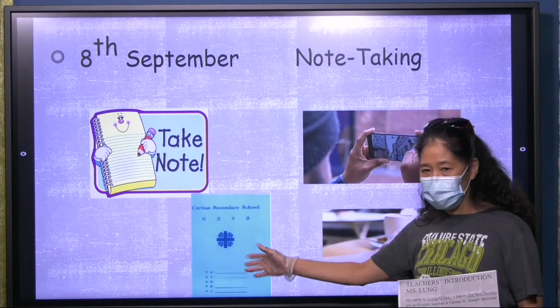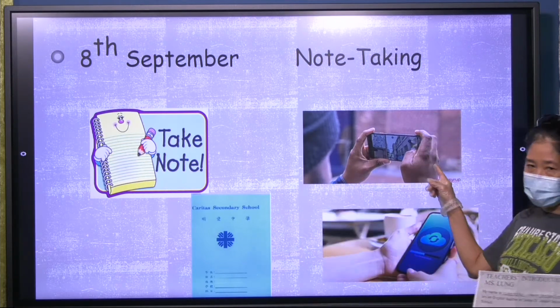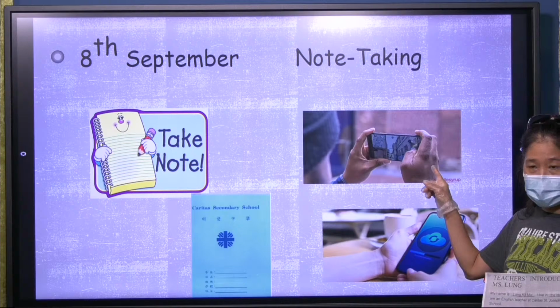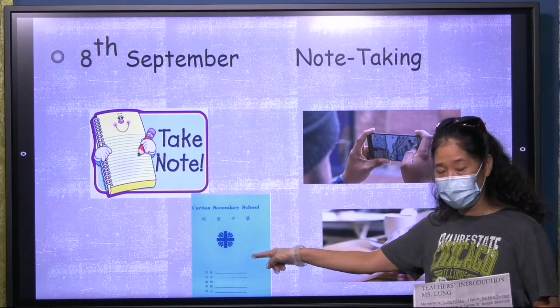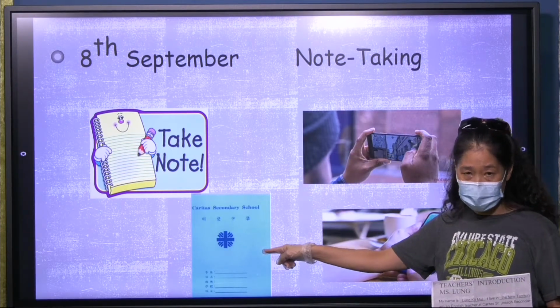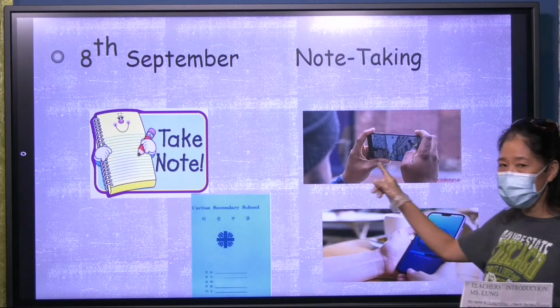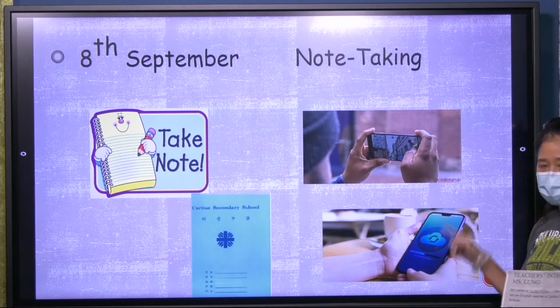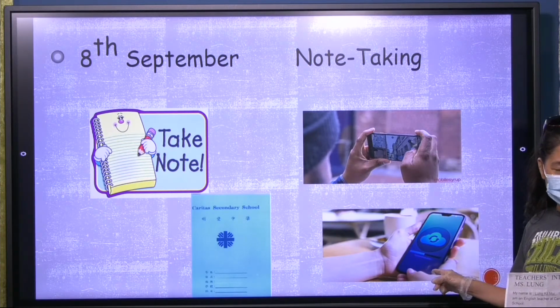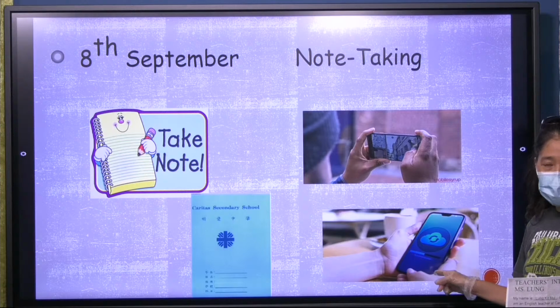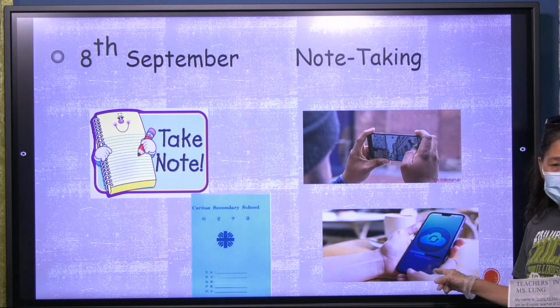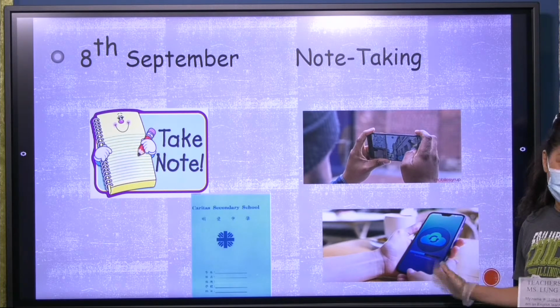After taking down all the notes, what you have to do, you have to take a photo, okay, of your notebook, of what you have written down. After taking the picture, you have to send the picture to the Google Classroom. Once your teacher receives your picture, it's done. You will have marks.